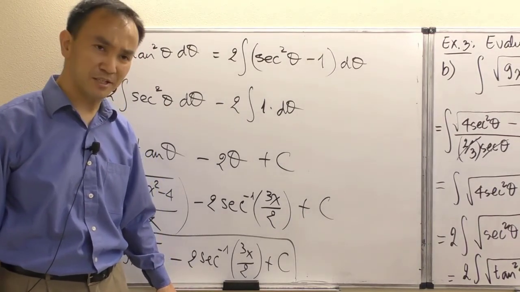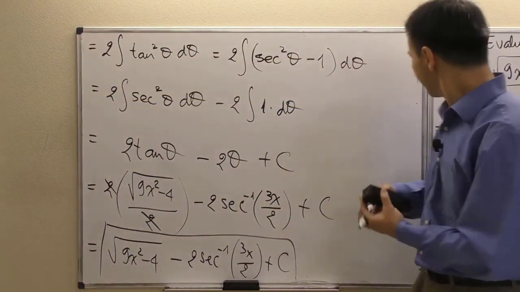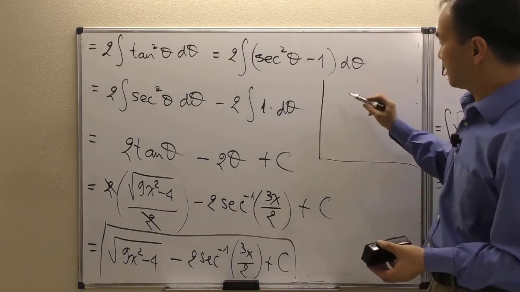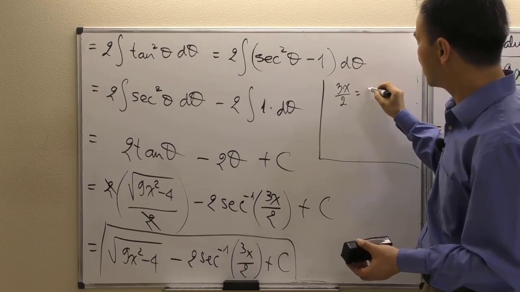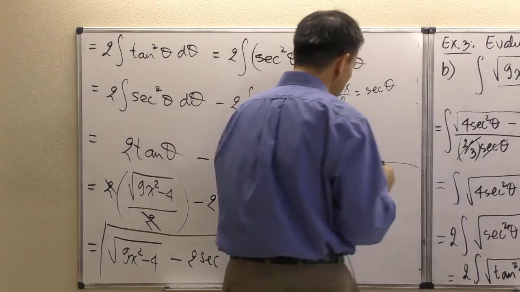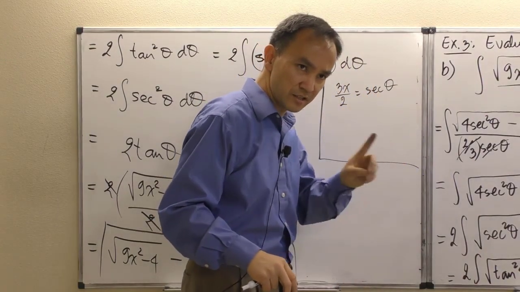Okay, so allow me to go this way. Let me take away a little bit of board space right here. From our understanding earlier, 3x over 2 is our secant theta. But secant is the reciprocal of cosine.